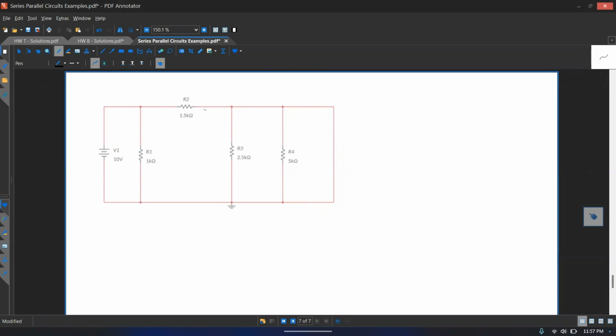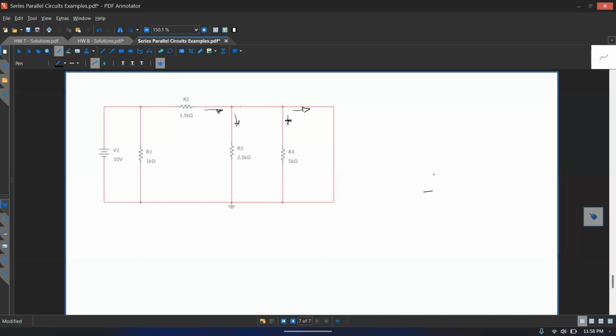So once current flows in this direction, it has a choice of going here, now here, or here. Well, what did we say before? Current mostly follows the direction of least resistance. And right now, this looks like it doesn't have any resistance.